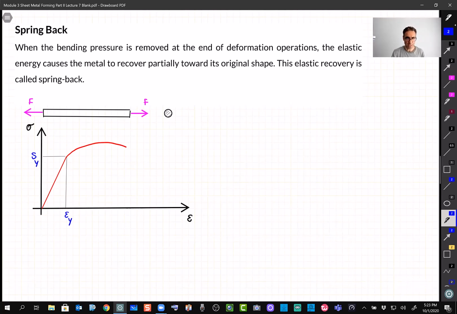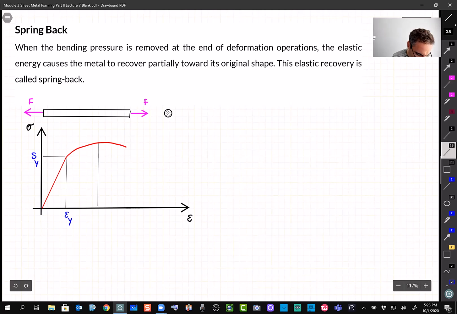If we release the load from here, obviously we return back to point 0. This is the elastic deformation. But if we want permanent deformation, we need to pass that point and get to the ultimate tensile strength of the material, which, for simplicity, let's assume is this point at the very top, a little bit over there.